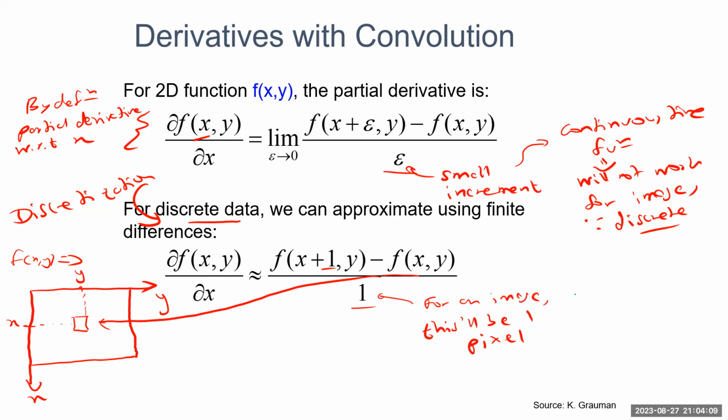So x plus 1 is this, because x is in the direction. Keeping the y-axis constant, I am getting the difference between this, subtracting this pixel value by this.